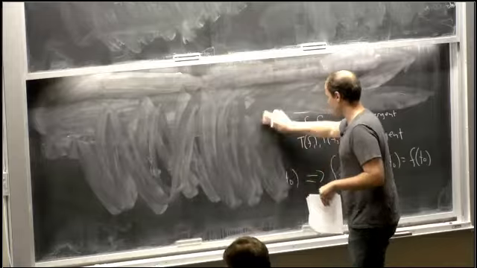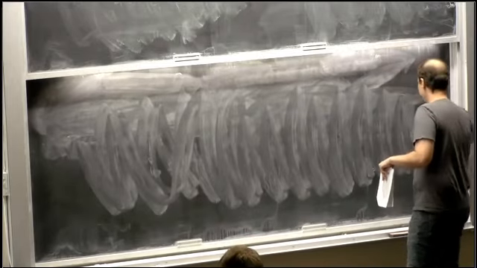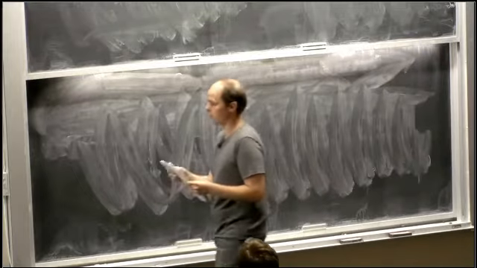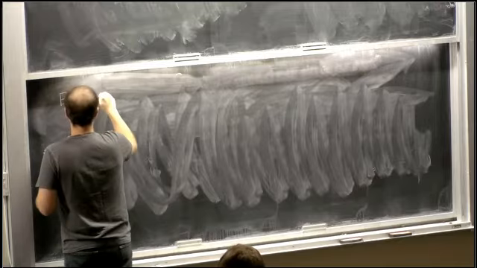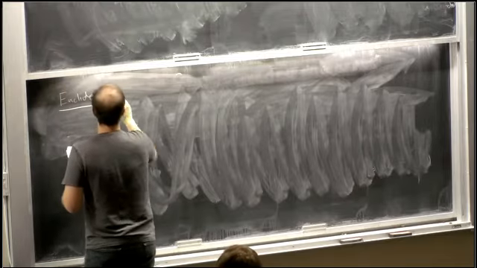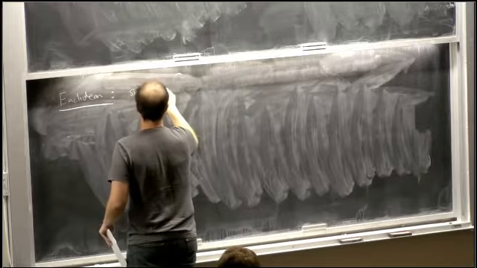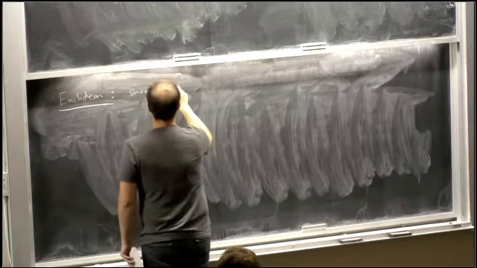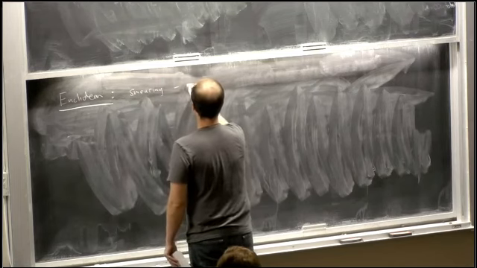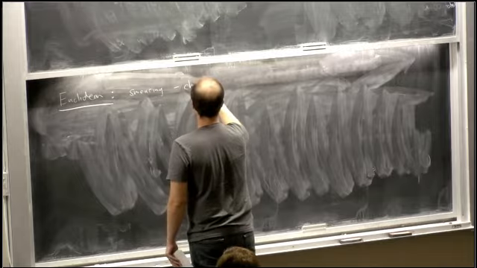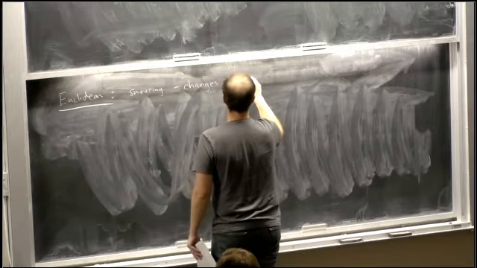And it definitely made me uneasy for a long time. The reason is that in Euclidean signature, smearing does some bad things or some scary things. One thing that it does is it necessarily involves changing operator orderings.